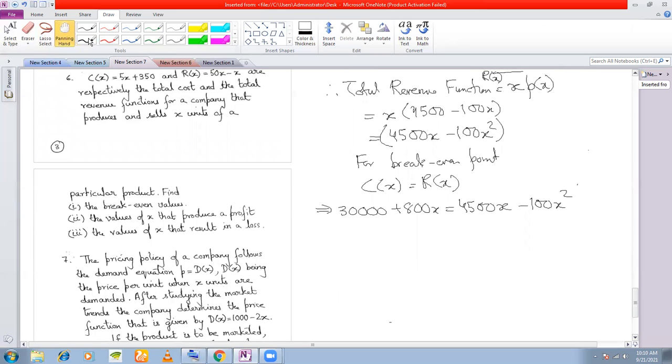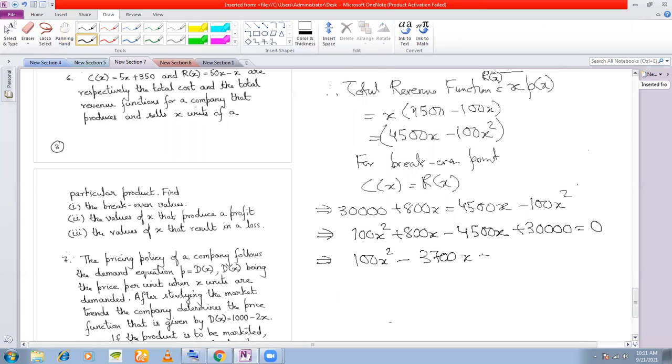Take everything on one side. We get 3,700x.